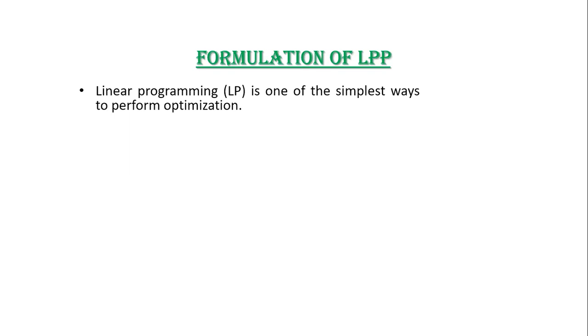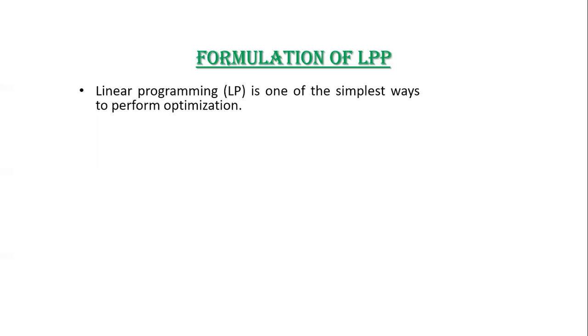And this linear programming is one of the simplest ways to perform optimization. So see, actually in any case of optimization, or any problem, or any process, the ultimate goal or objective is either to maximize something or minimize something.